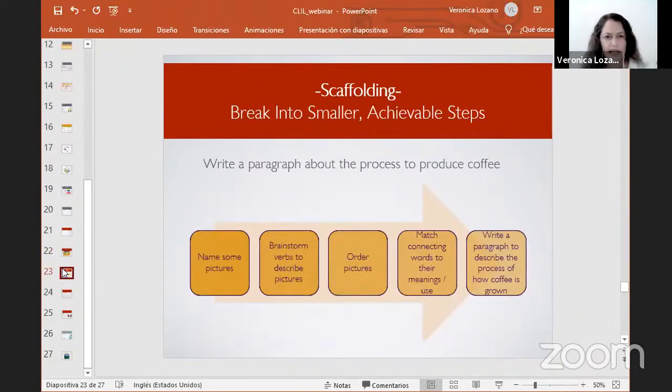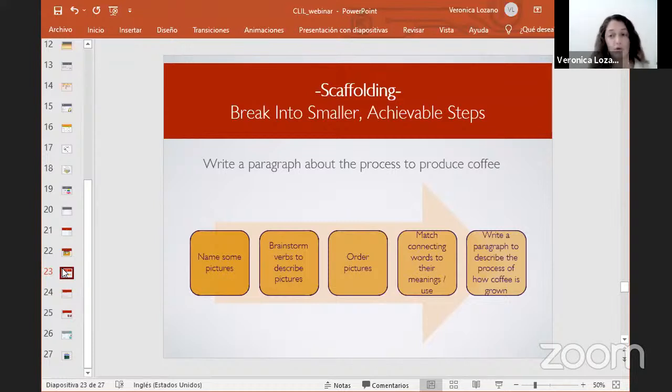And then we have here scaffolding. This is another way to integrate language and content. For example, you have a task, a more complex task. Write a paragraph about the process to produce coffee. So very likely your students are not going to come up with all of these ideas.